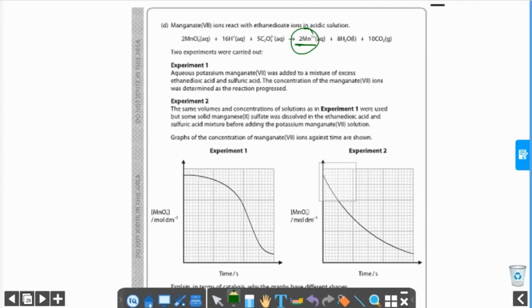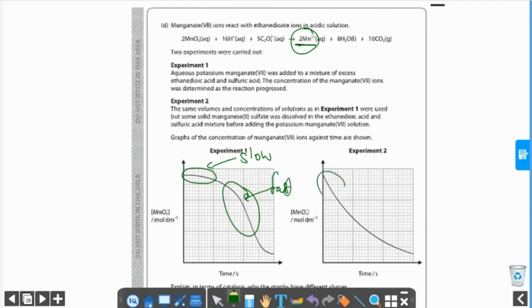Why? Because the catalyst is present. When the catalyst is present, the drop is much greater because the reaction is faster. But in experiment 1, initially the catalyst is not there. Halfway through, the catalyst concentration increases, but initially it is slow, and then it is fast.